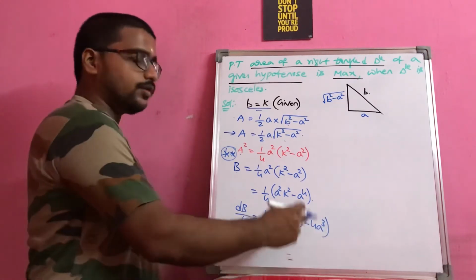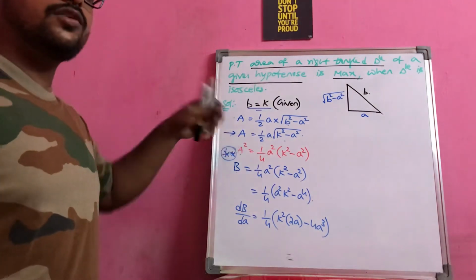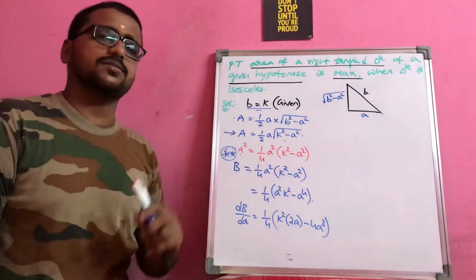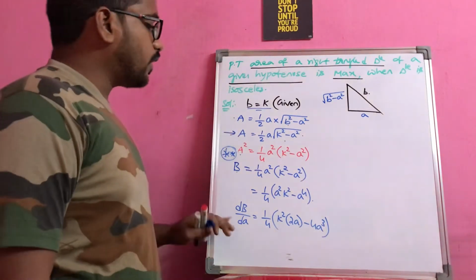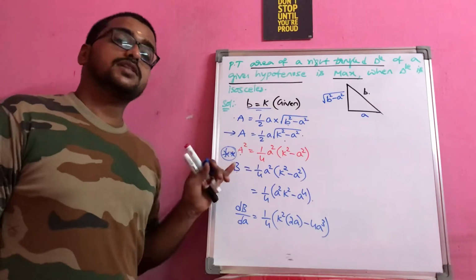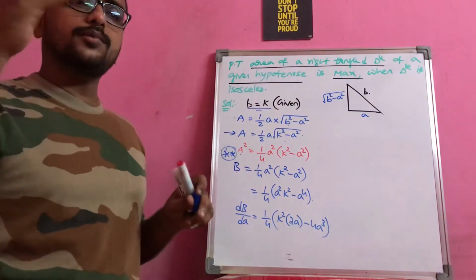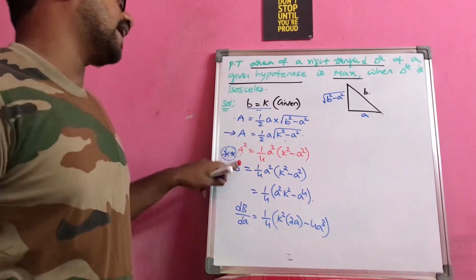See how simply you got the answer. If you try to differentiate the original, you will get too many unnecessary terms. Just to avoid that, and to make our process simple, we are taking this type of substitution. Whenever you are squaring or cubing to remove the radicals, try to give it another name.